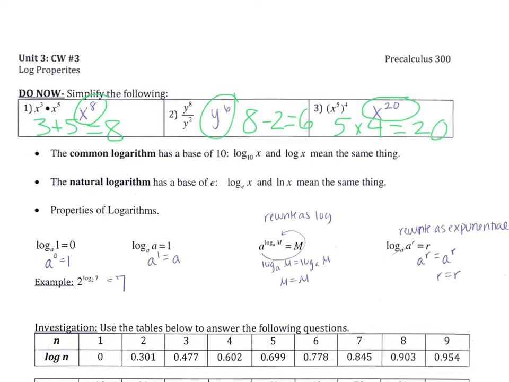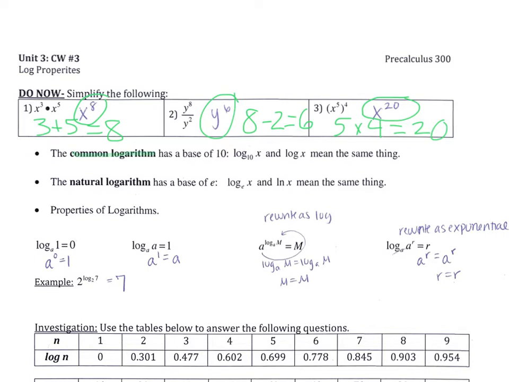Now if we look underneath, we're just going to go over some key terms and some rules. The common logarithm has a base of 10. So log base 10 of x and log x mean the same thing.